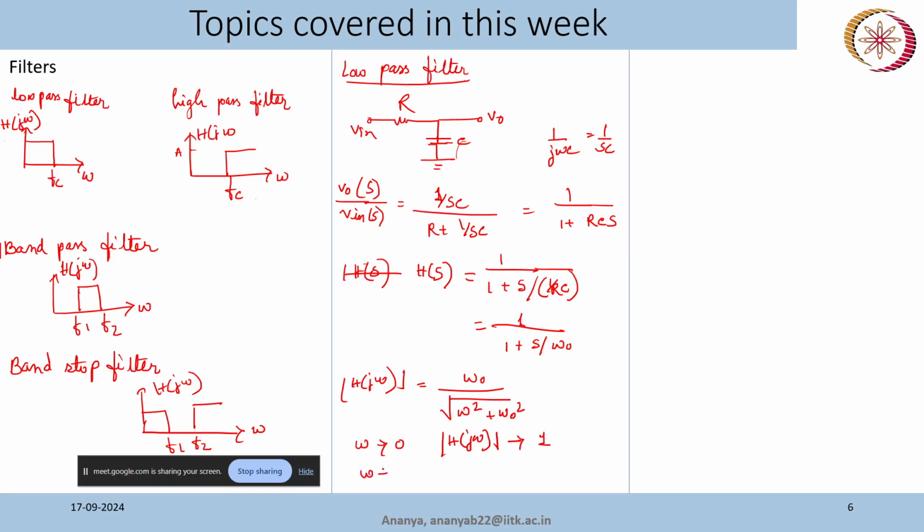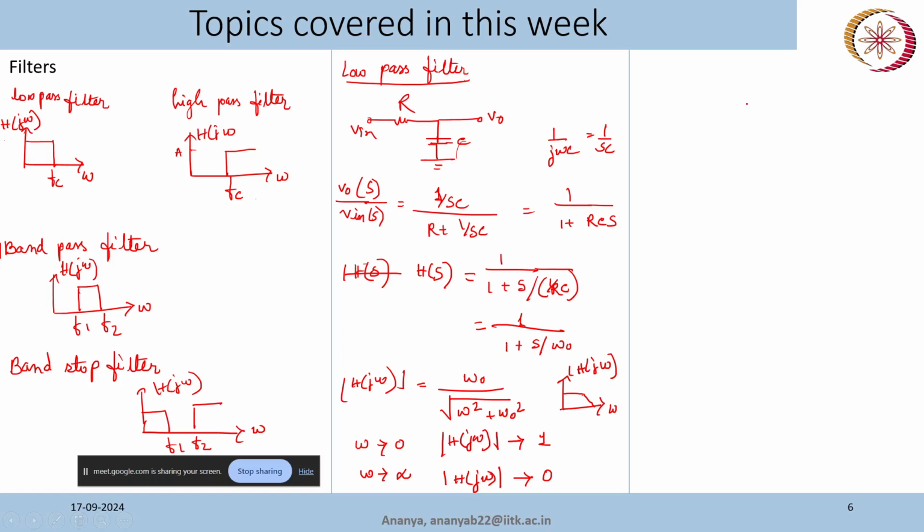And when omega tends to infinity, that means frequency is very high, H of j omega tends to 1 by infinity, that is 0. So if this is omega and this is the magnitude of H of j omega, initially we will have 1, then we will have almost 0. That is a low pass filter characteristic. So based on the transfer function also, we are saying that this circuit is for a low pass filter.